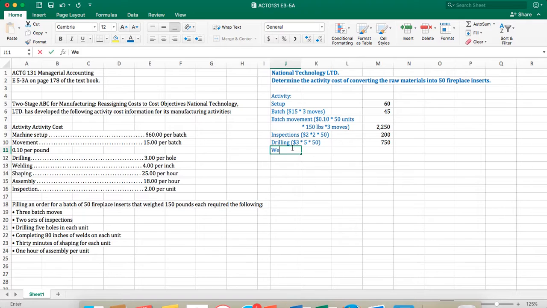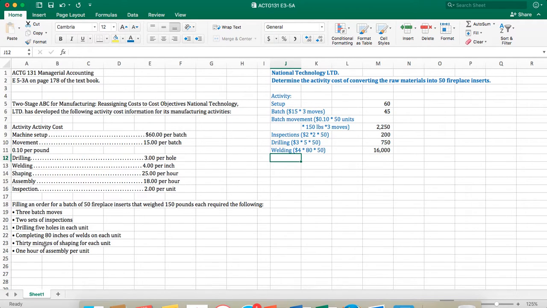The next piece is welding, and that comes from over here. So 80 inches of weld are on each unit, and each weld costs $4 per hour. So $4 multiplied by 80 inches multiplied by 50 units. $16,000.